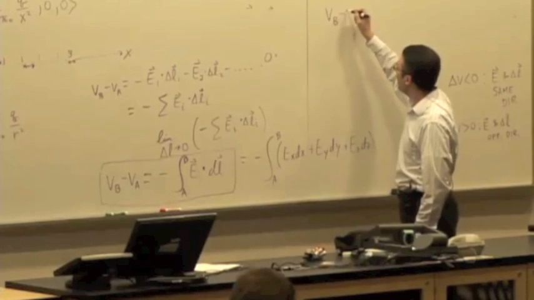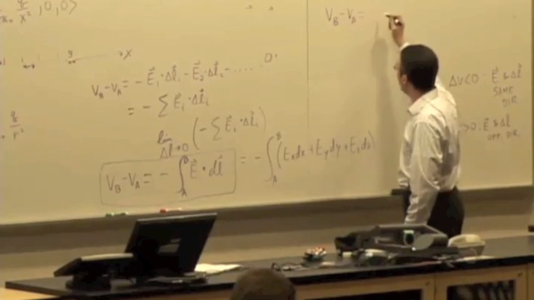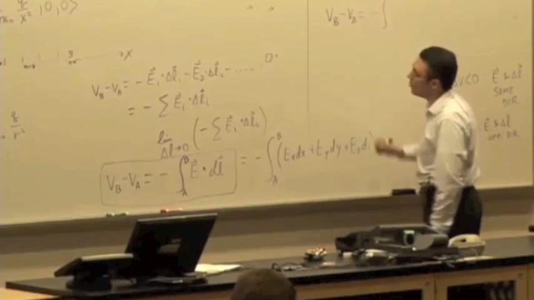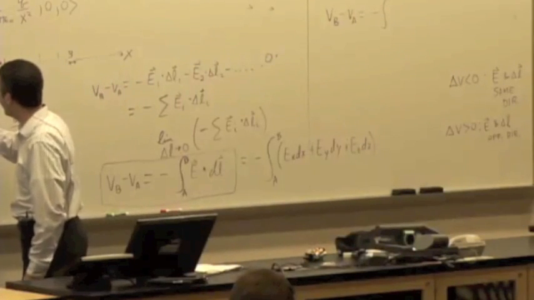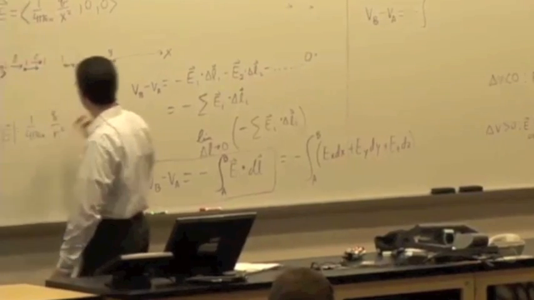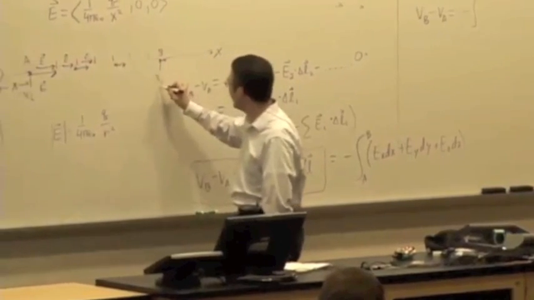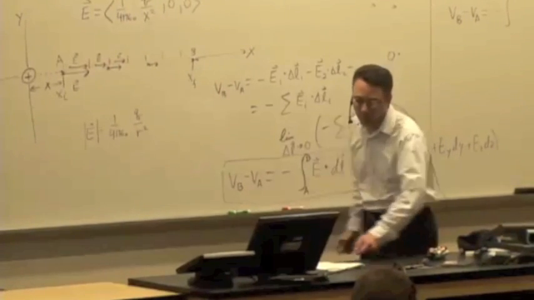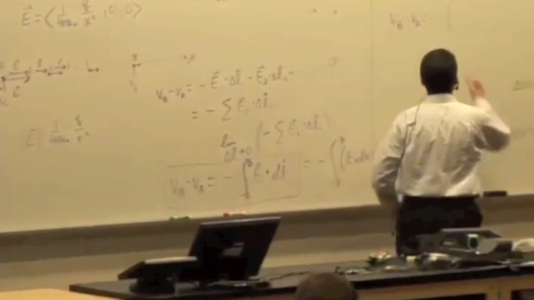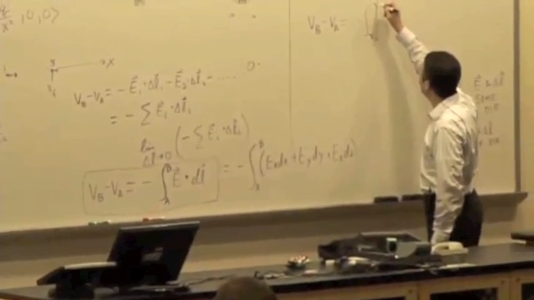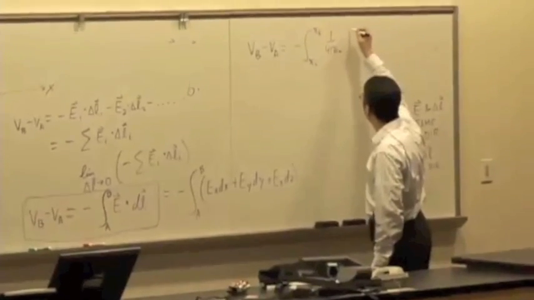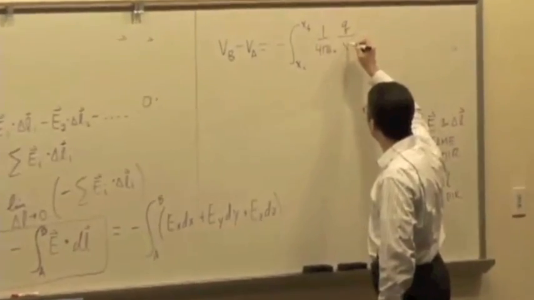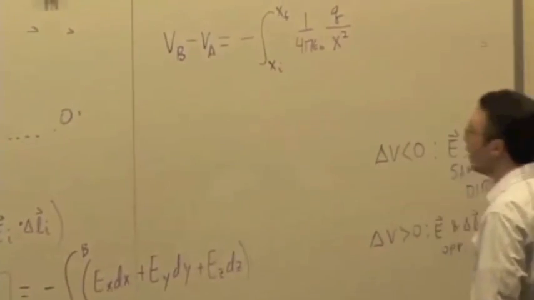Say VB minus VA is negative of the integral from some initial x value. Call this x initial at point A. Call this x final at point B. X initial to x final. We have 1 over 4 pi epsilon 0 q over x squared.